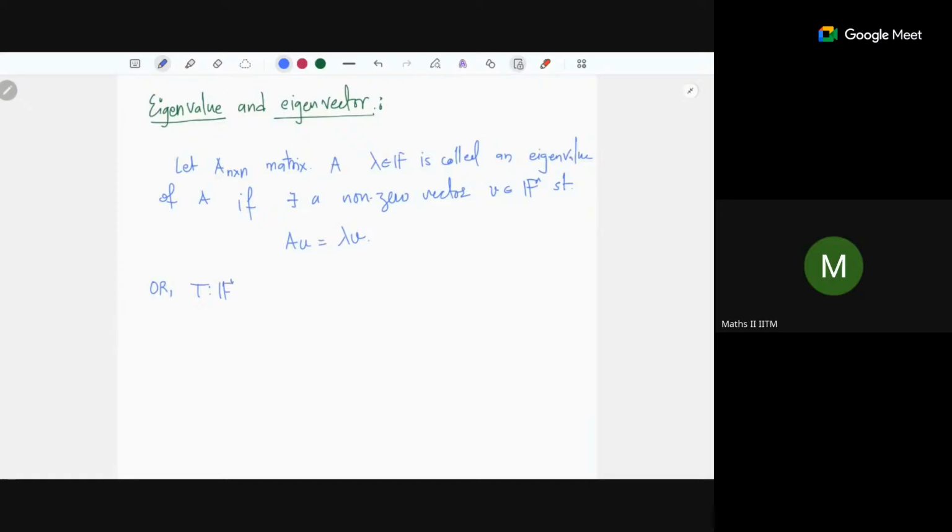Let T be a linear operator from F^n to F^m and A be a matrix representation of T with respect to the canonical basis.